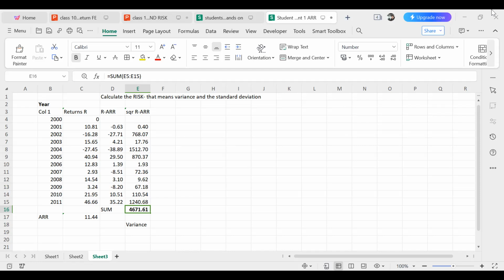Yes, ma'am. Did you get this answer? Ma'am, I've gotten the first one. I'm doing the square of R minus ARR. Okay, then you just square it. If you have reached this 4671, tell me. Yes, ma'am. Got 4671.